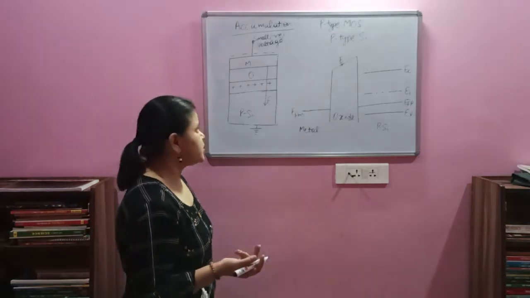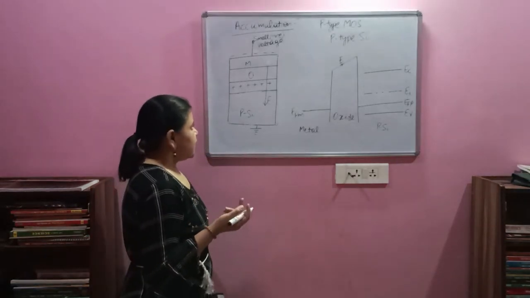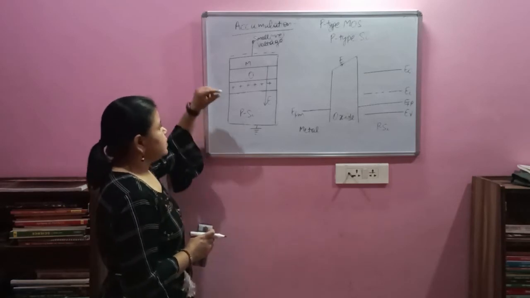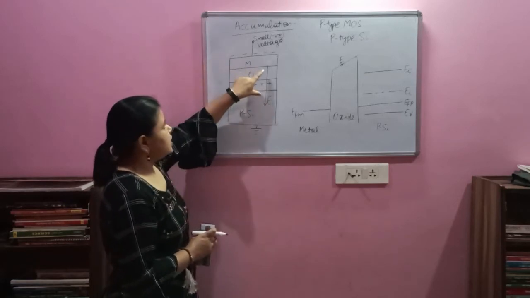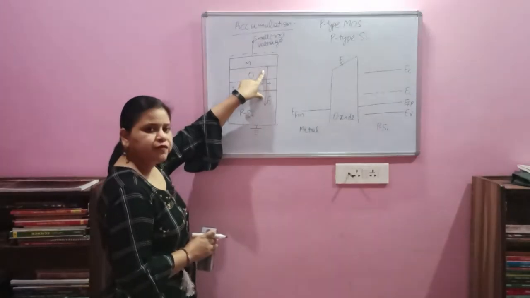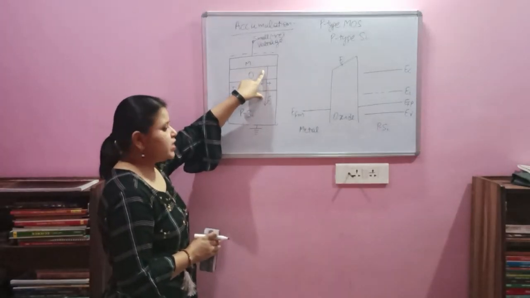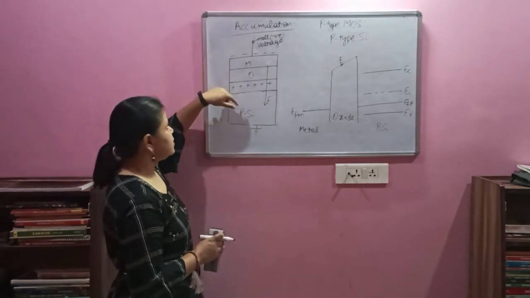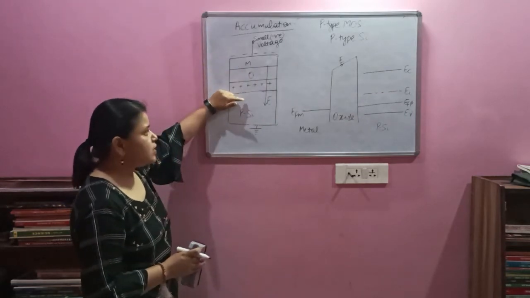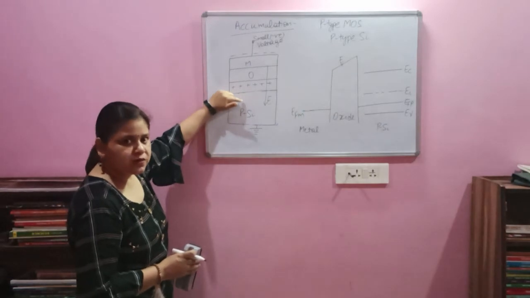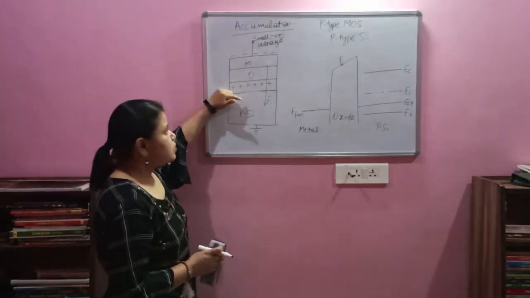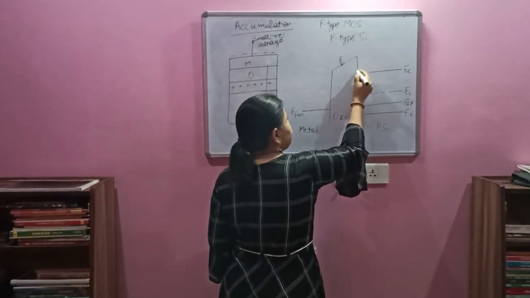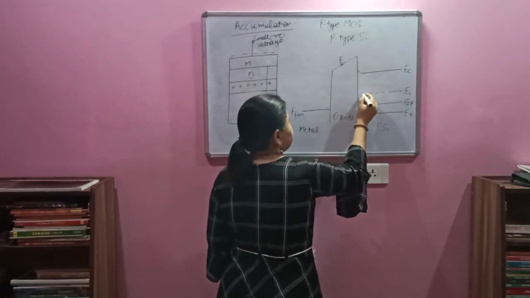There are two ways to decide. One way is with the generated electric field, that is, what is the direction of the electric field. We know that the electric field is generated in this case between the metal and the semiconductor or substrate side. So we can draw it like this, from substrate to metal in a reverse direction.